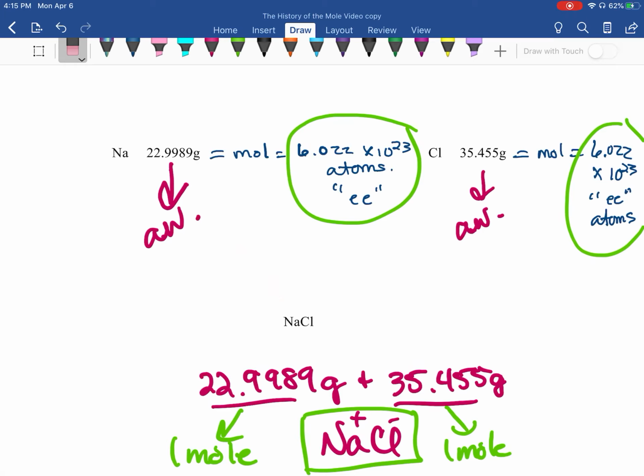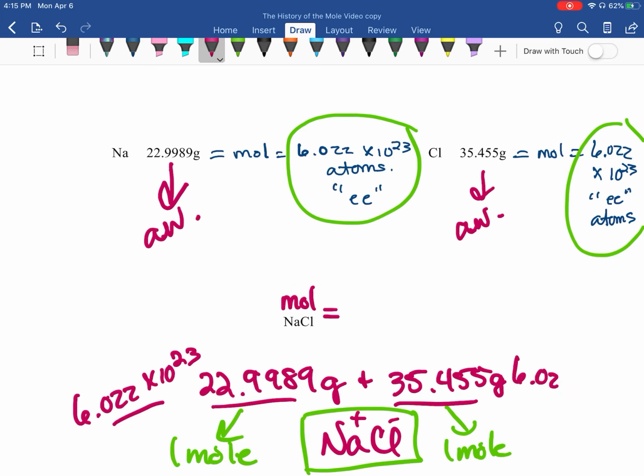Let's take our sodium chloride. Okay, we just made something new. Let's say we have a mole of sodium chloride. How many particles are you going to have? How many molecules did you just make from that reaction? Well, you had 6.022 times 10 to the 23rd over here of your sodium, 6.022 times 10 to the 23rd of your chlorine.